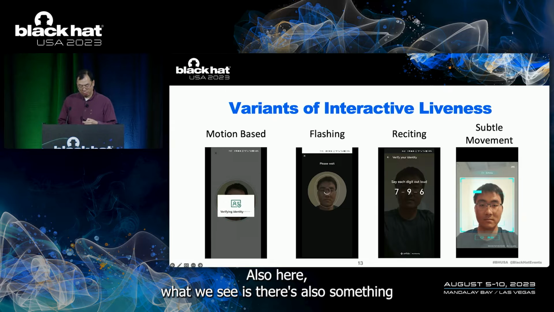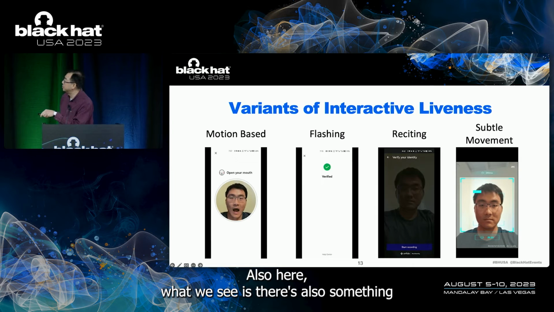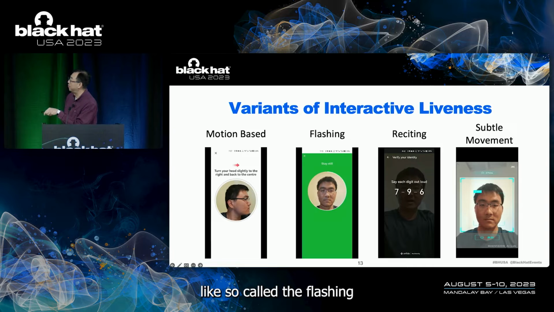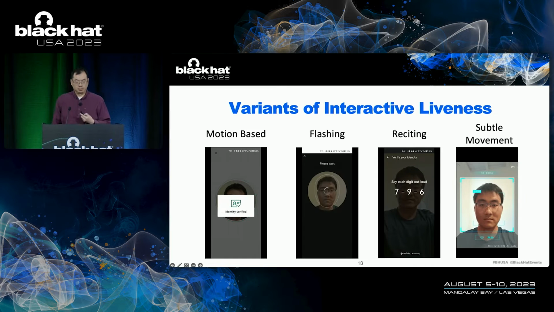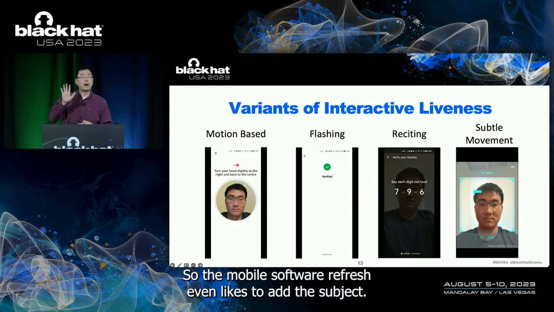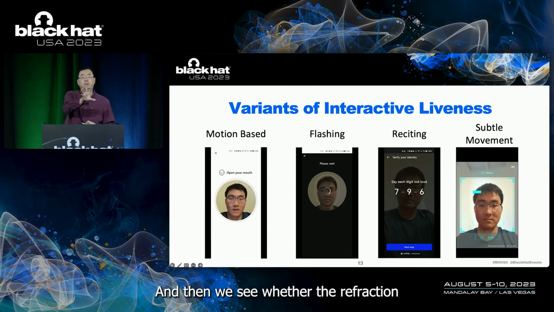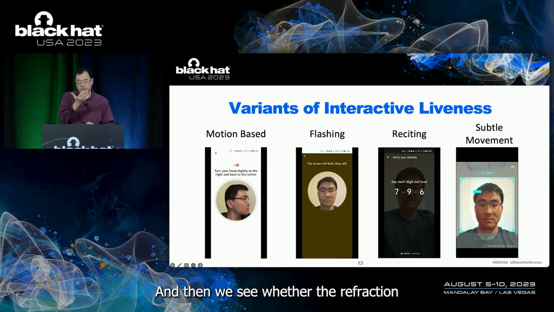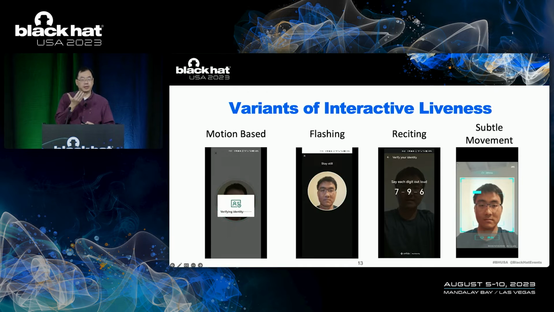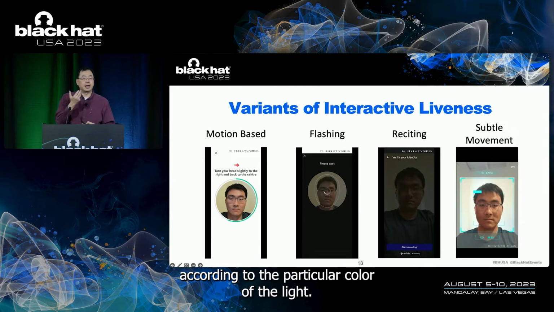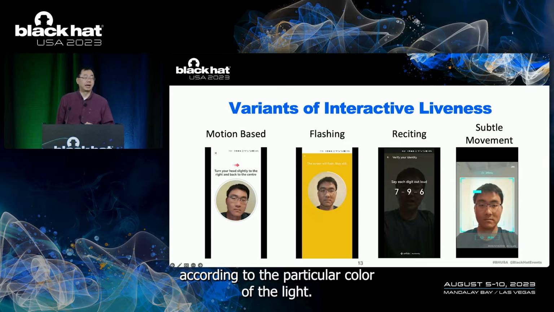There is also a so-called flashing mechanism. The mobile software will flash different lights at the subject and check whether the reflection shown in the camera matches the particular color of the light flashed.